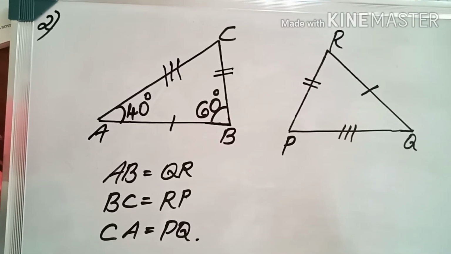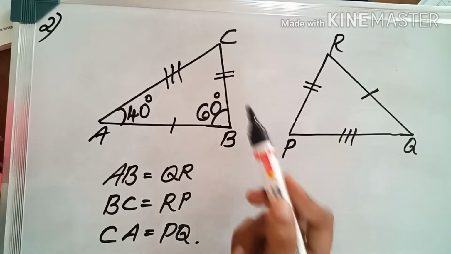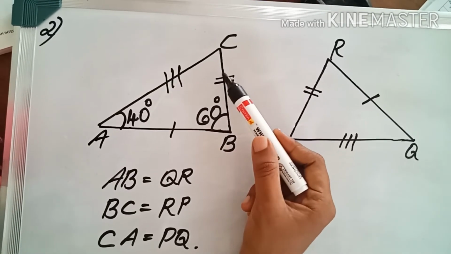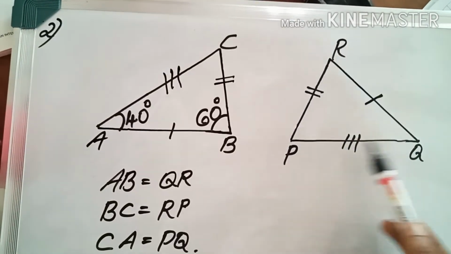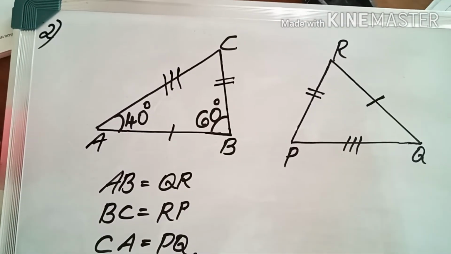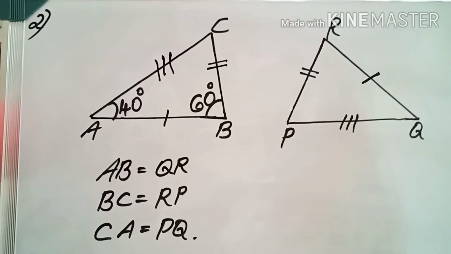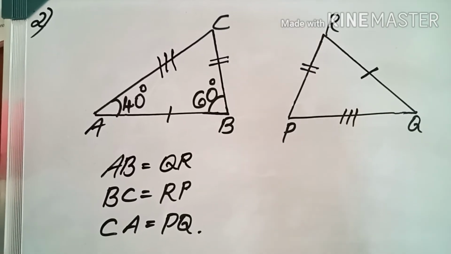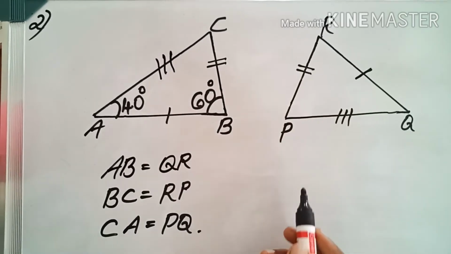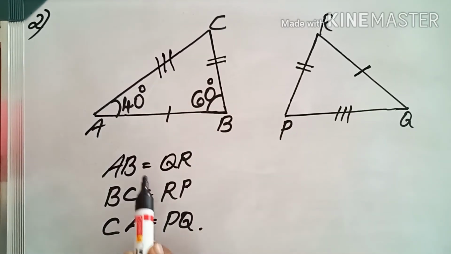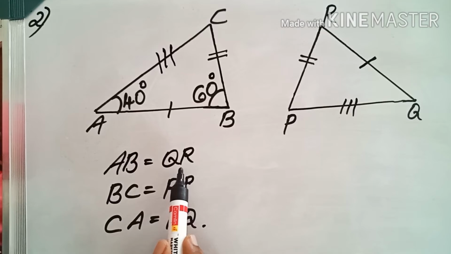And the question is, we have to find the third angle of triangle ABC. That means angle C of the first triangle we have to find, and all the angles of triangle PQR also. So first of all, we need to find which are the equal angles. How will you find? First consider the first side, AB and QR.